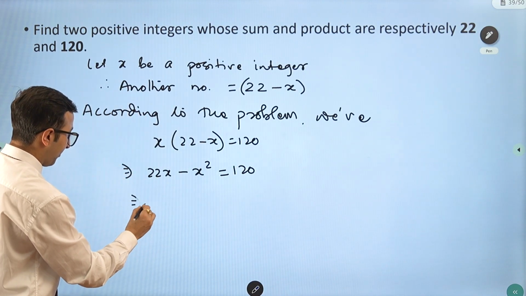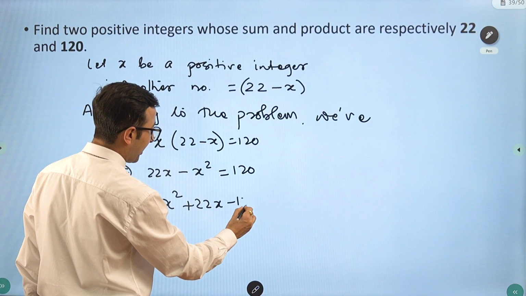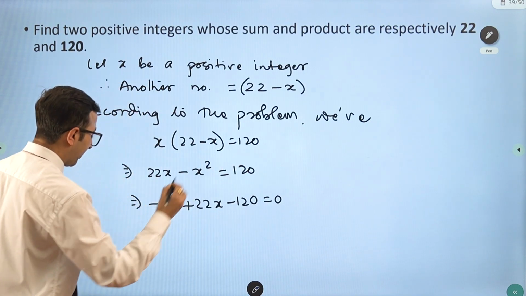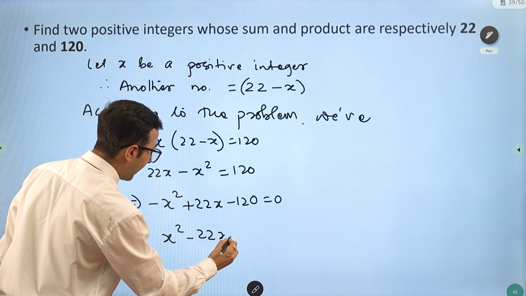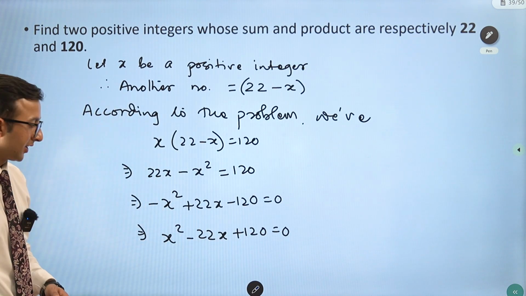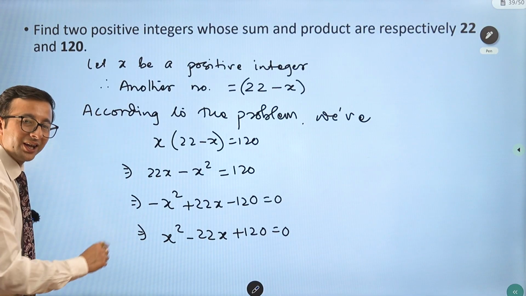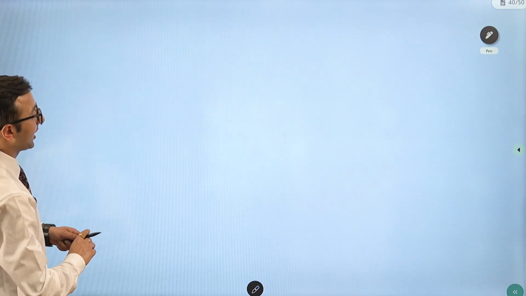Rearrange it: minus x square plus 22x minus 120 is equal to 0. Multiplying all terms by minus 1, we get x square minus 22x plus 120 is equal to 0. So again we reached the quadratic equation. Now we will solve it and we will obtain the value.